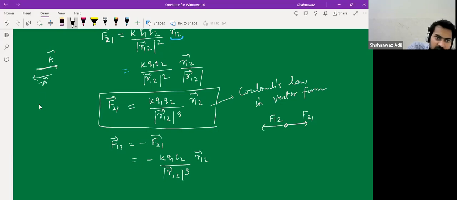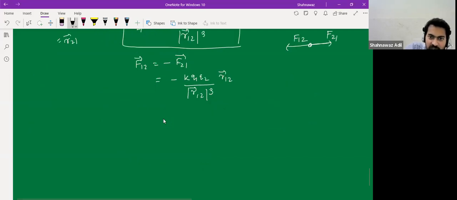So this is R12, and negative of R12 would be R21. So this would simply be K Q1 Q2 by R12 cube and R21.